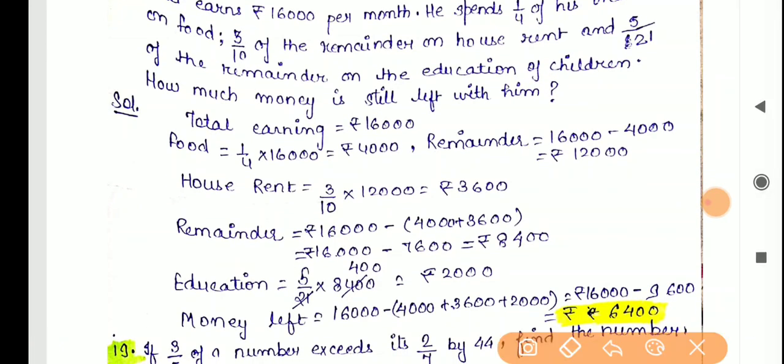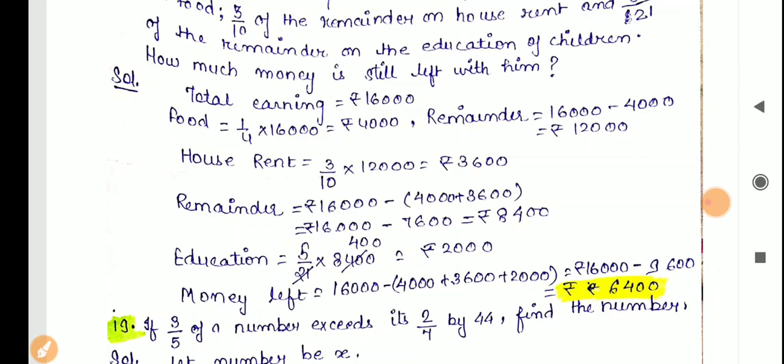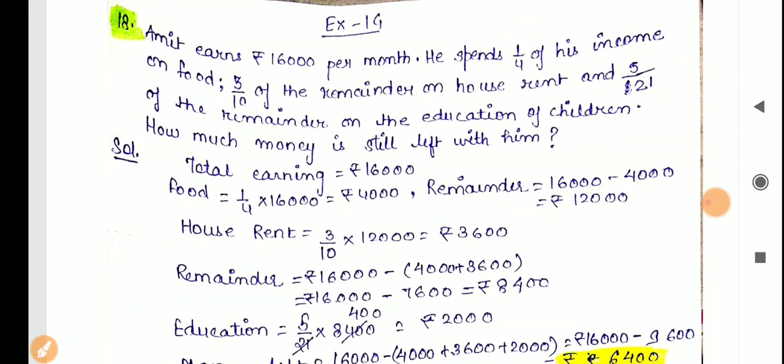Okay, so how will we solve it now? Total earning, he is having 16,000. Then food, they are saying 1/4 of the total amount he is spending on food, so 1/4 multiplied by 16,000 will be rupees 4,000. Okay, next they are saying 3/10 of the remainder.